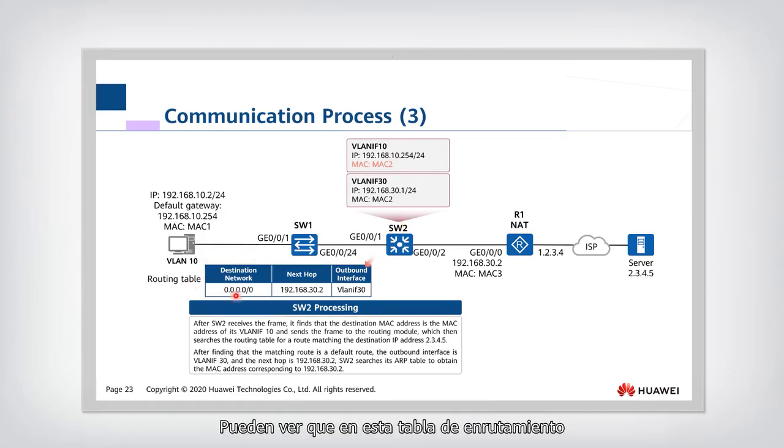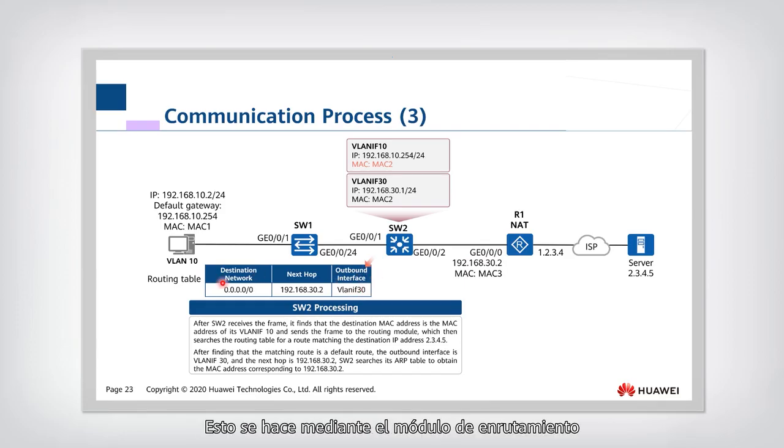Here you can see that in this routing table, for all the packets, the next hop should be this IP address. It means the next hop should be this interface of router 1. So all the packets will be forwarded to this hop, right? So just now that packet should also be forwarded to this interface, and they should go through this outbound interface, VLAN interface 30.